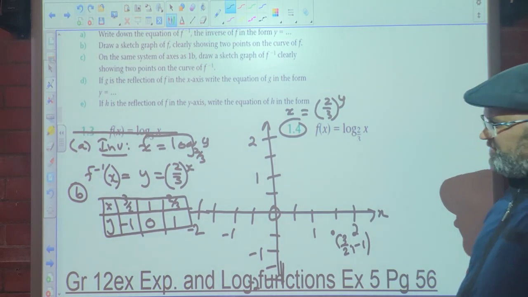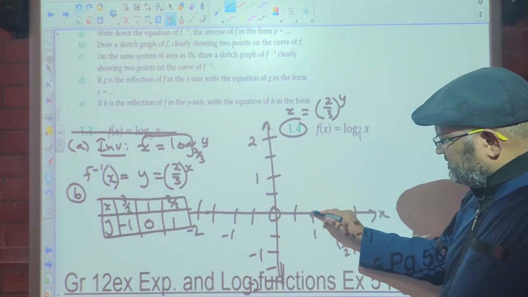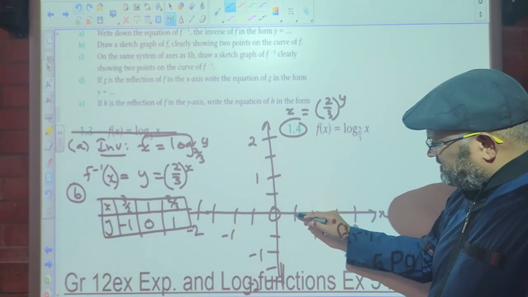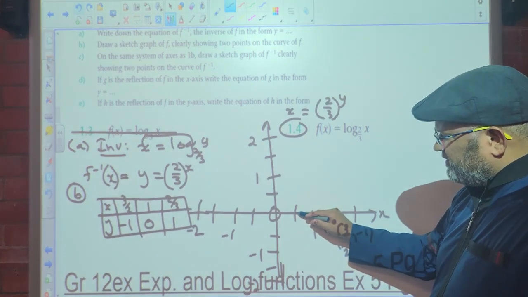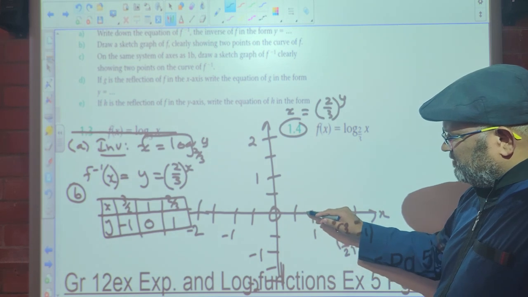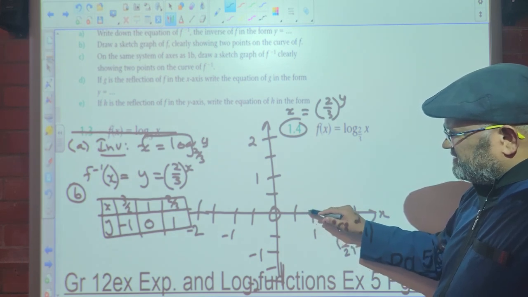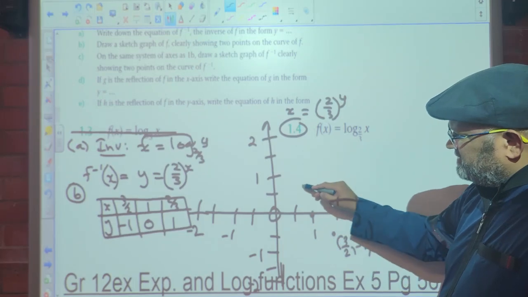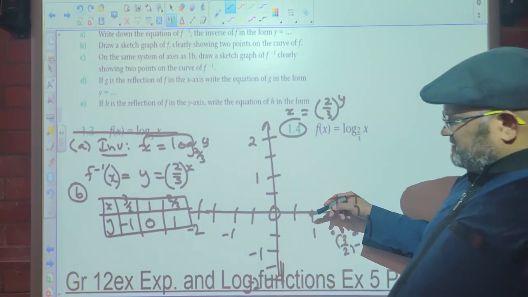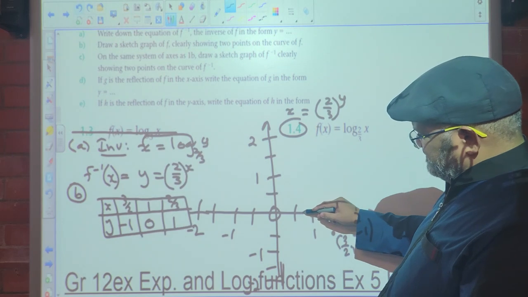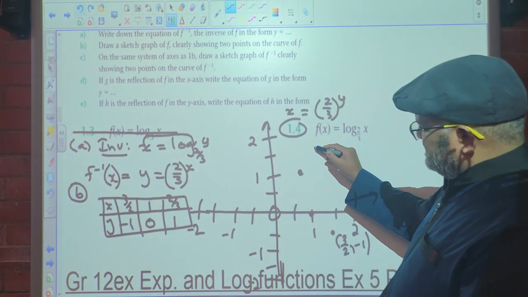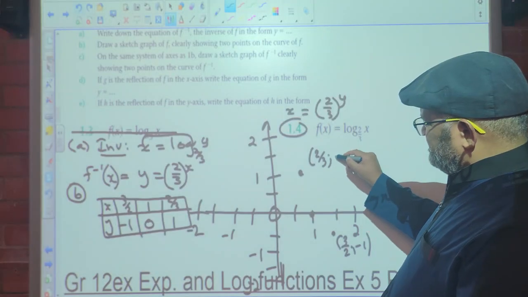Okay? If x is 1, y is 0. And if x is 2/3, that is 0.67, no? So it's approximately there. So it's 2/3 and 1.